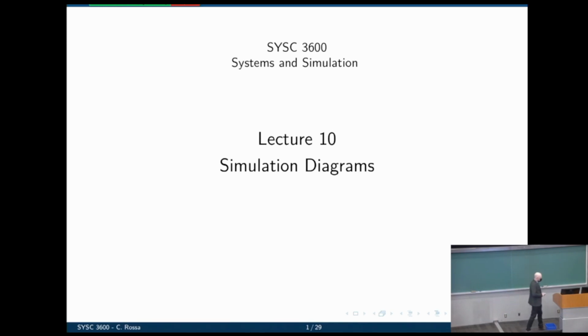So the idea in today's lecture is to convert these differential equations that we've been using into a graphical representation that you can explicitly simulate in Simulink in particular. And then we have access to all internal variables in the differential equations, and it also highlights how these internal variables are interdependent.